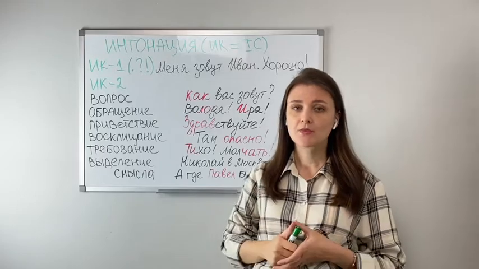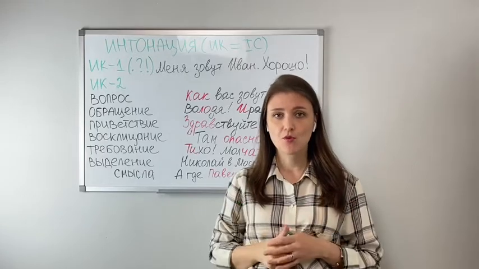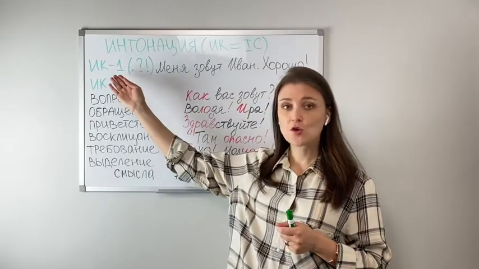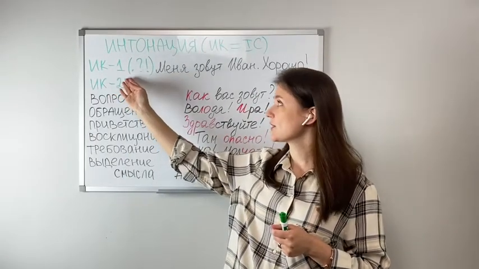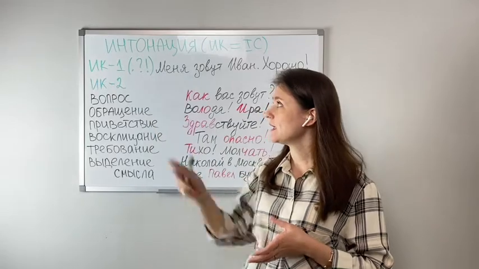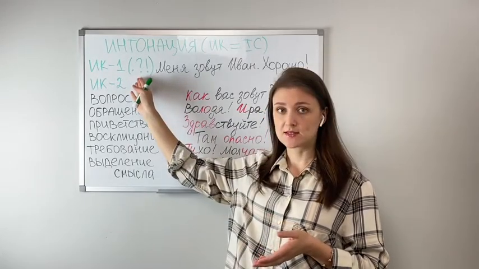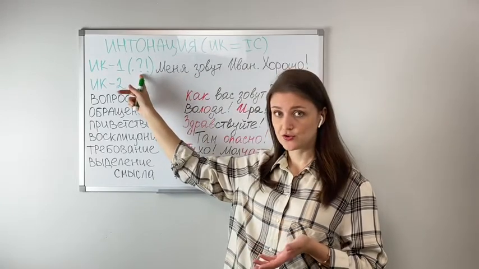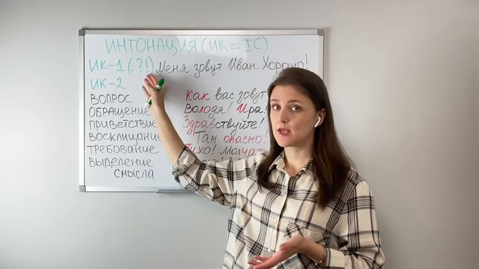And today I give you some types of intonation constructions. Let's see the first type of intonation construction. It can be in a simple sentence with a dot at the end, in a question sentence, and in an exclamation.